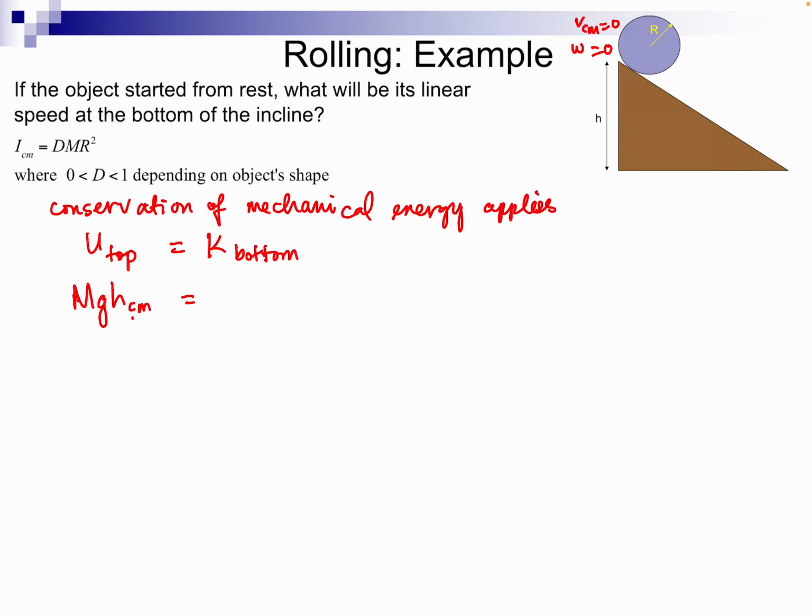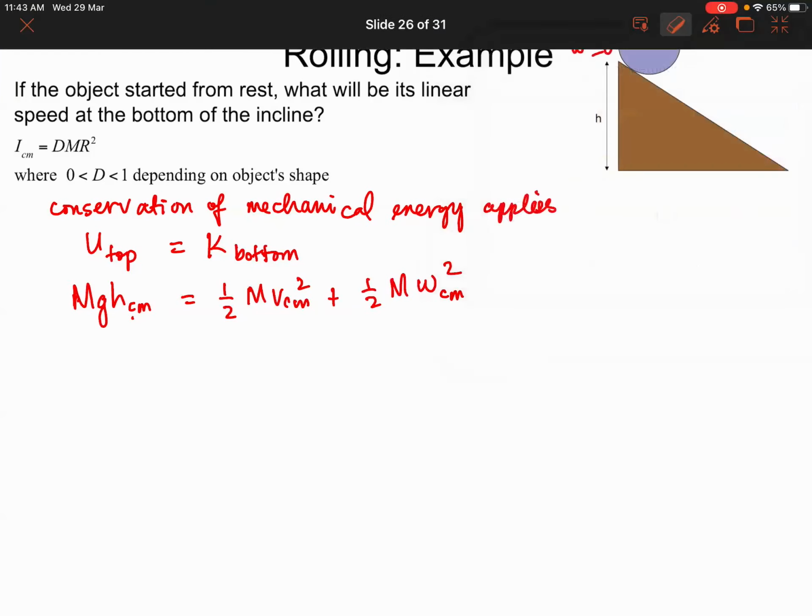So your kinetic energy should include the translational kinetic energy, 1/2 m v_cm squared, plus the rotational kinetic energy, 1/2 I omega squared.